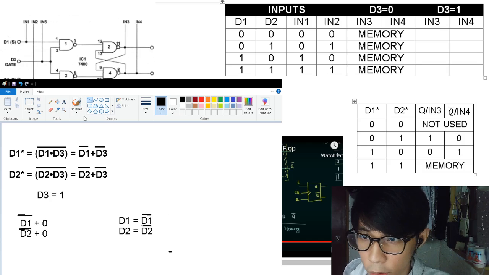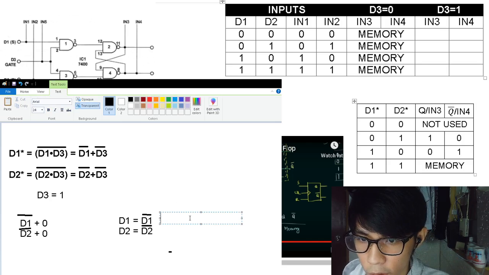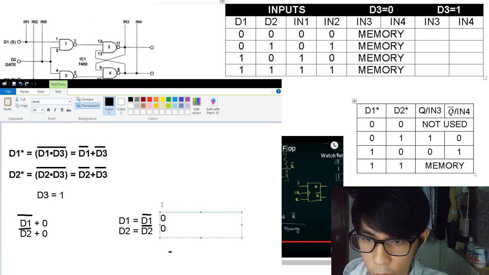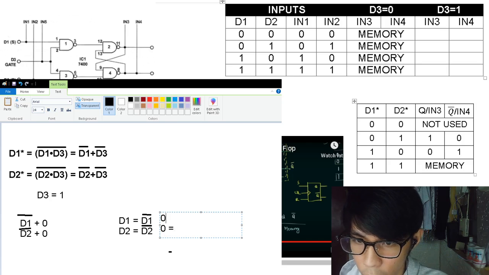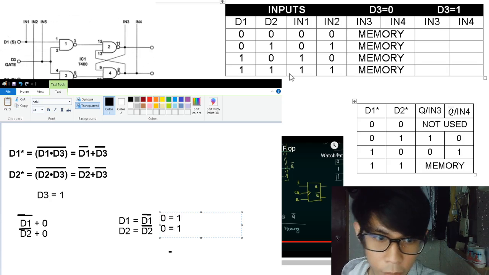Let's start with 0, 0. What if it's 0 and 0? It will be equal to 1. Then it will be equal to a memory.